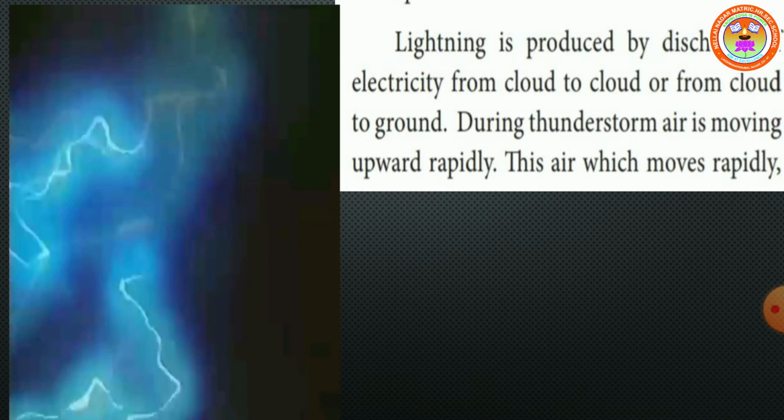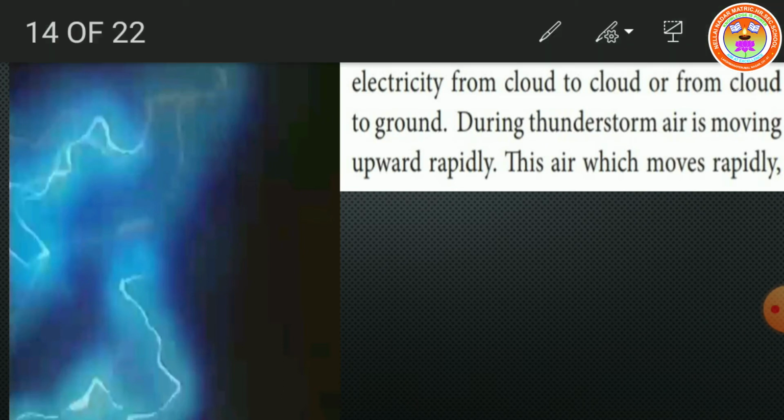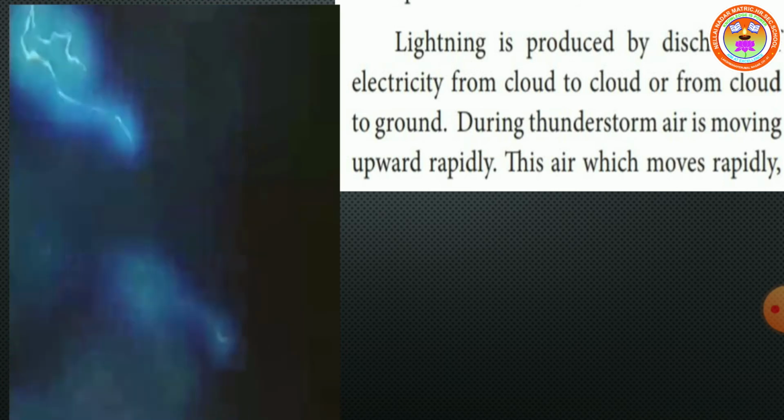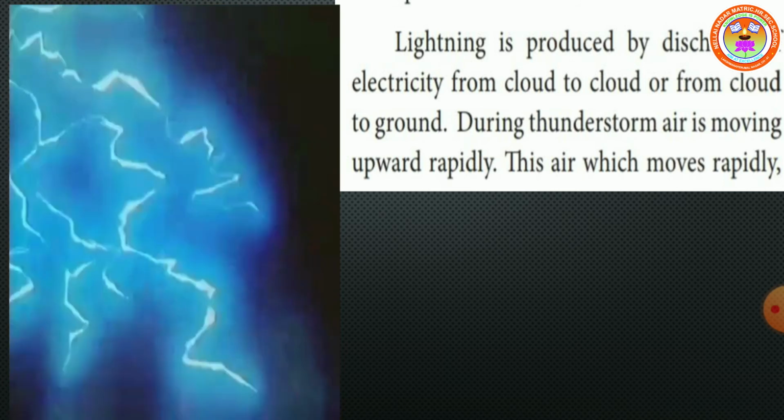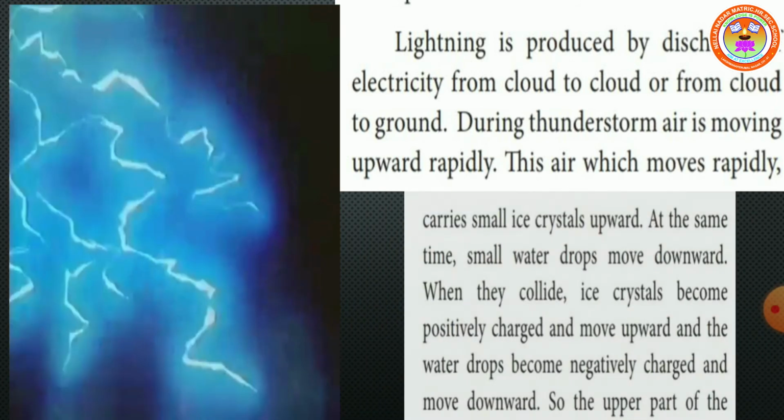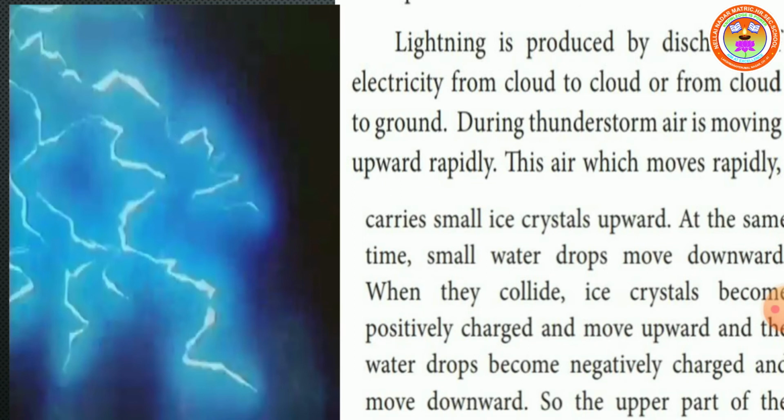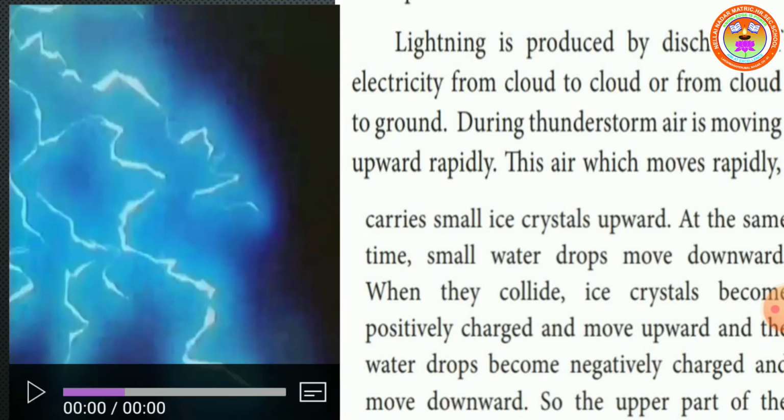How is lightning produced? Lightning is produced by discharge of electricity from cloud to cloud or from cloud to ground.